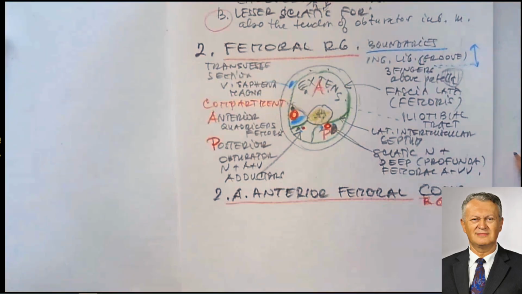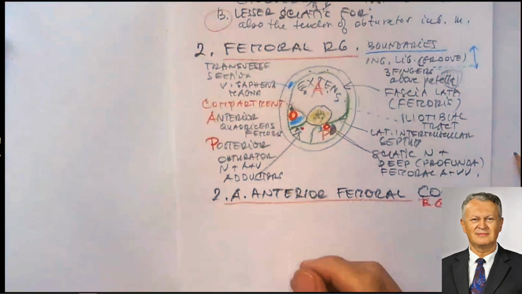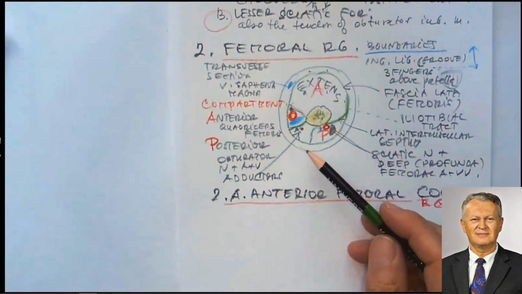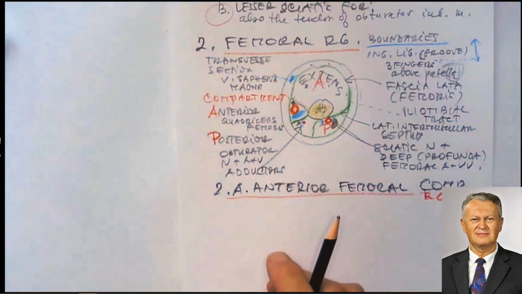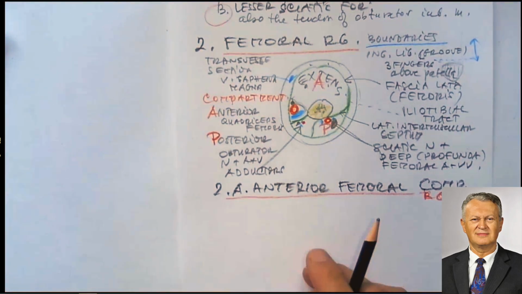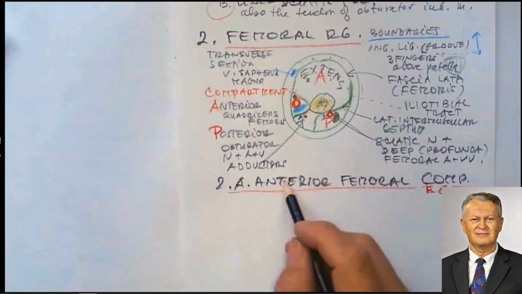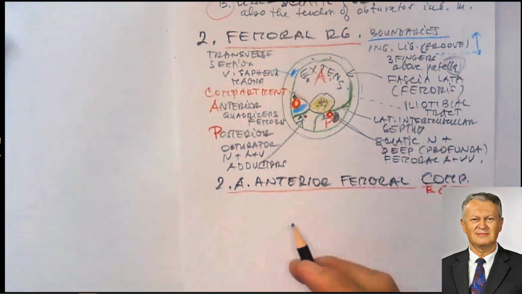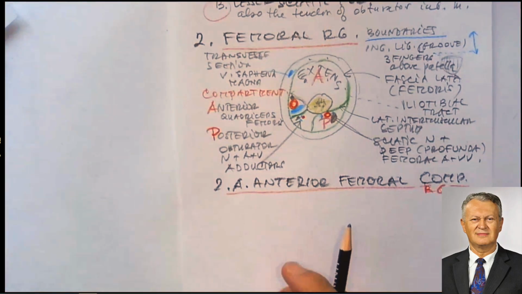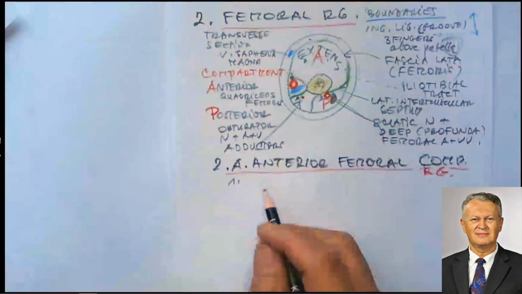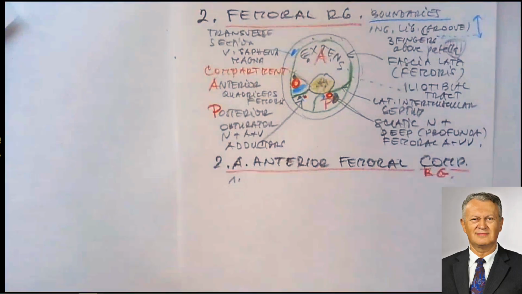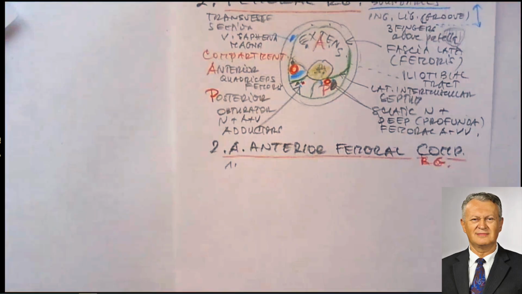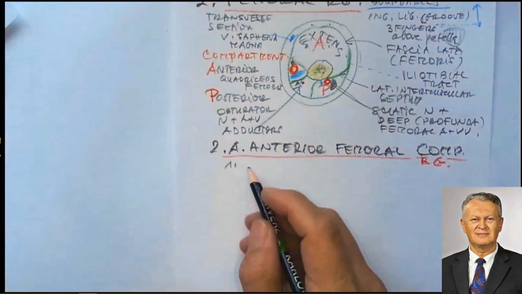Okay, region, good. Concerning the anterior compartment, we see now the structures found in it, but before we start with the compartment, we have to say that into the anterior compartment descend the structures from the lacunae. So first of all, we will name the structures, and then we have to go back to the lacunae because there are two openings permitting the passage of structures descending from the abdominal cavity into the lower extremity.